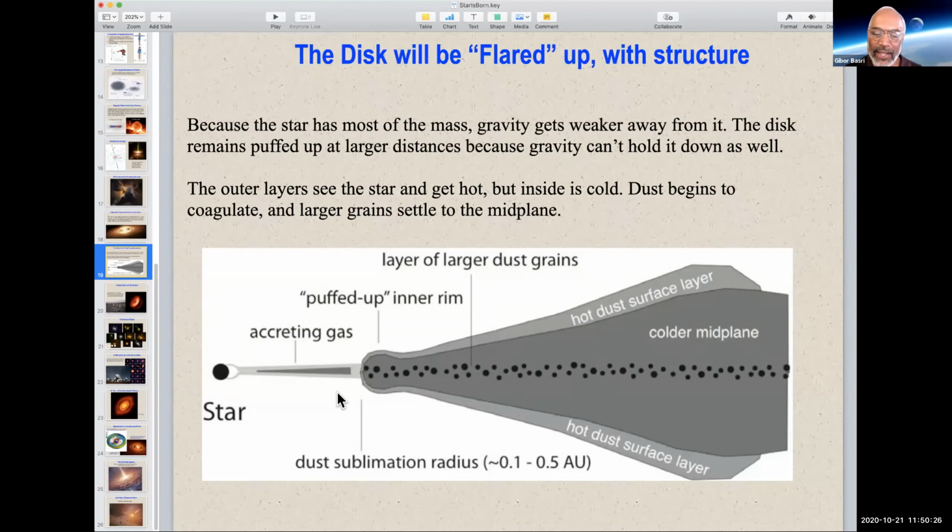Remember, gravity in this picture, if you're here, you'll drop this way, but if you're here, you'll drop that way. And dropping that way is hard because of the angular momentum issue. So basically, the disk will start accumulating denser, more coagulated material in the midplane, and that stuff will eventually end up or can end up as planets.